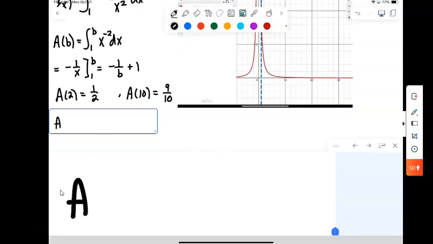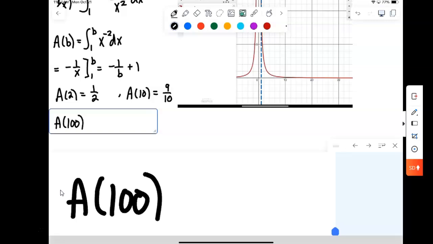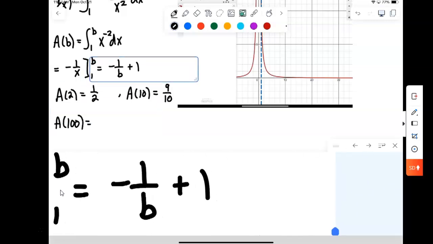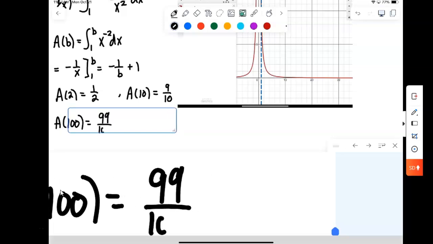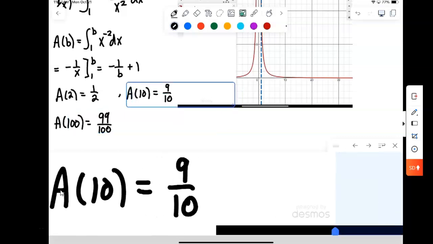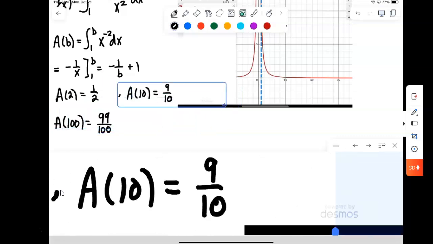And finally, if we plugged in 100, we'd have negative 1 over 100 plus 1, which is 0.99 or 99 out of 100. So it certainly seems like this area is settling down to something, which seems like it's settling down to 1.